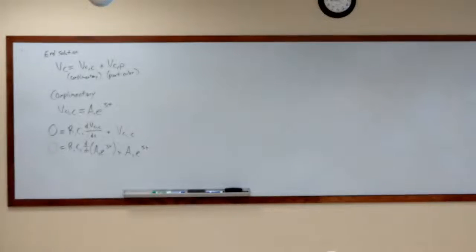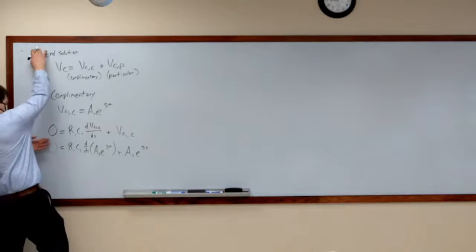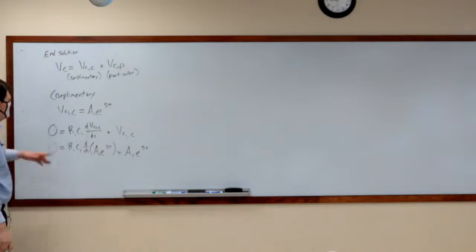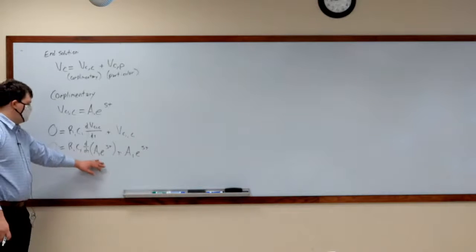No major jumps yet. Just plugging things in. I guess actually this right here is the major jump. We know what the end solution is. We're solving it using differential equations. What is the derivative of A1e to the St?